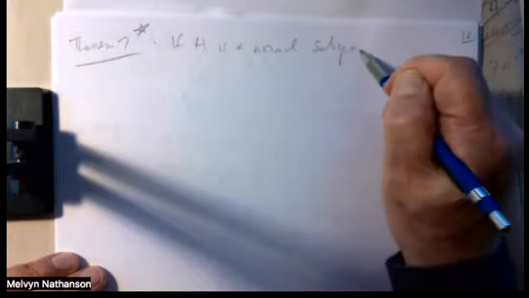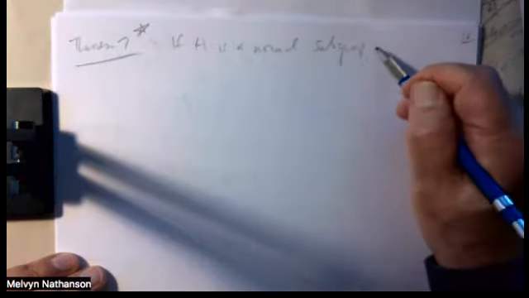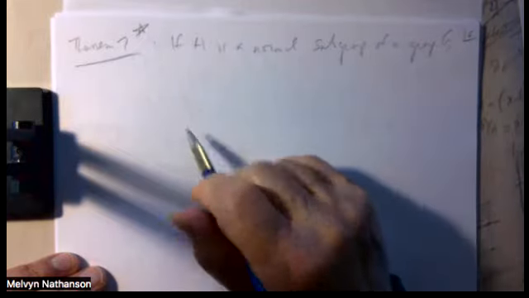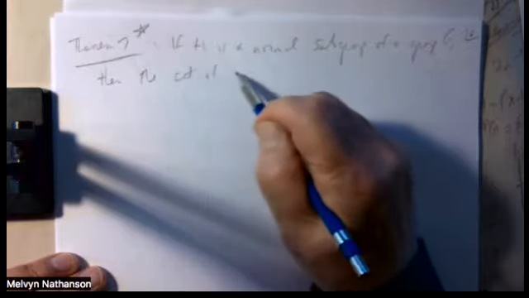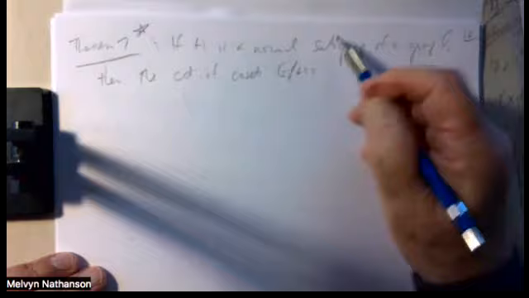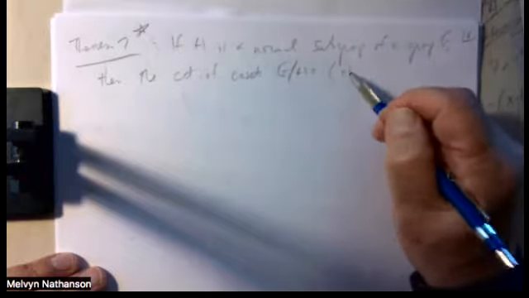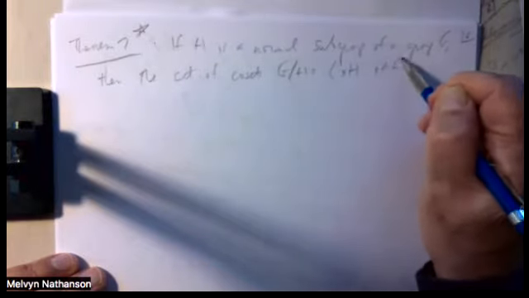If H is a normal subgroup of a group G, then the set of cosets G mod H, this means the set of all left cosets xH for x in G. But if it's normal, of course, every left coset is equal to the right coset. So we can use left and right cosets interchangeably.